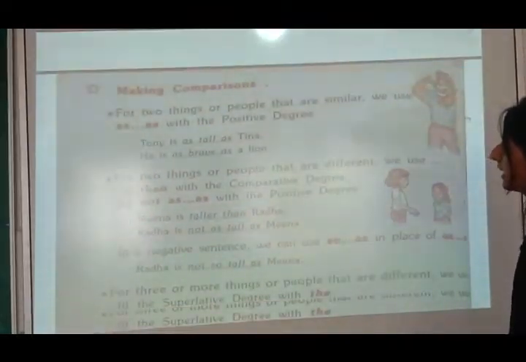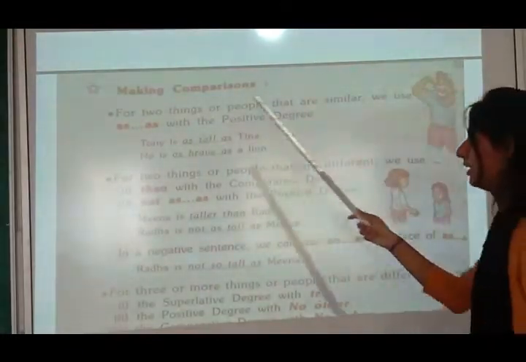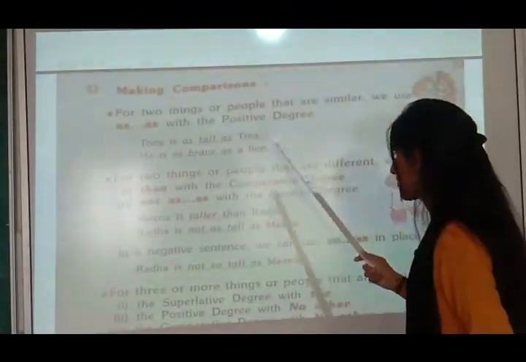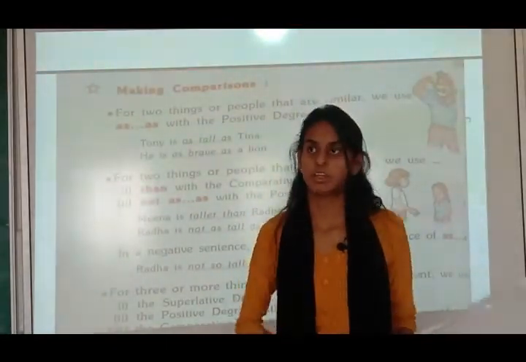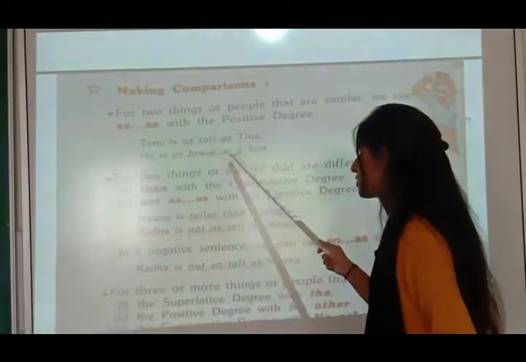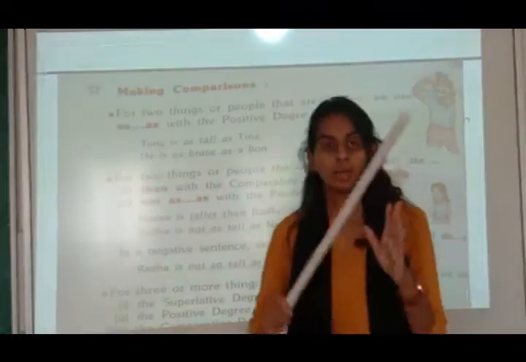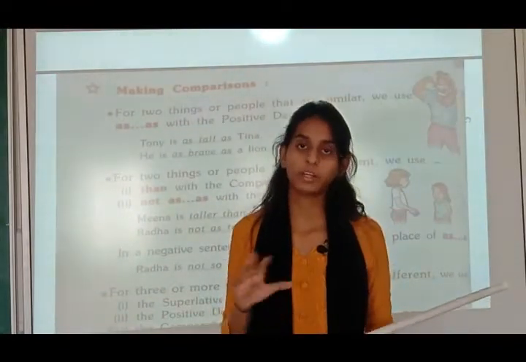Now see, making comparisons for two things or people that are similar, we use as with a positive degree. Now here we are comparing two persons, so we are using as. Tony is as tall as Tina. Now Tina and Tony both are tall, both are equal.